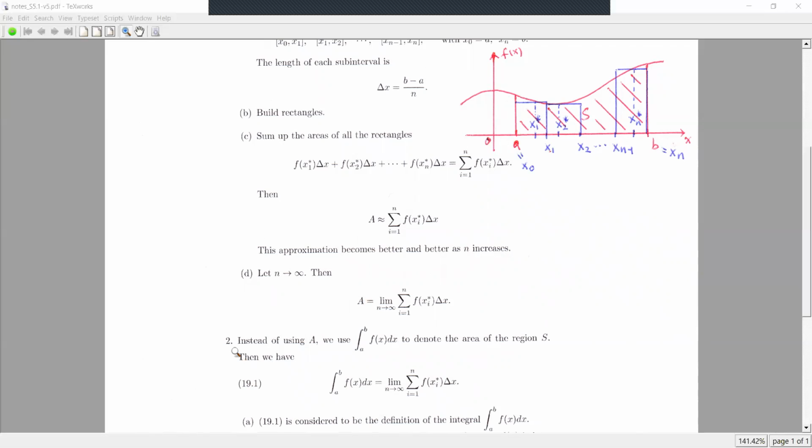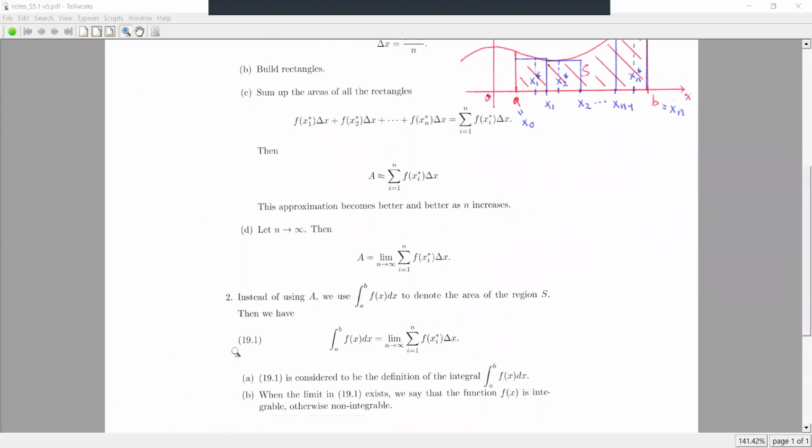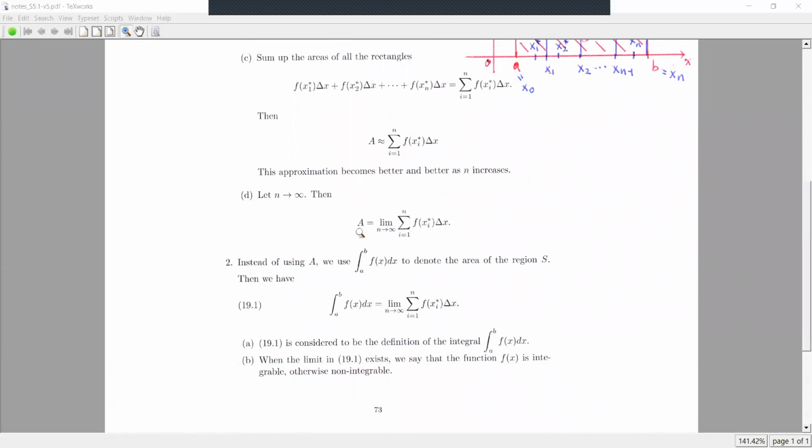Now, review number 2. A, this letter contains only a little information. What is A? A just means area.